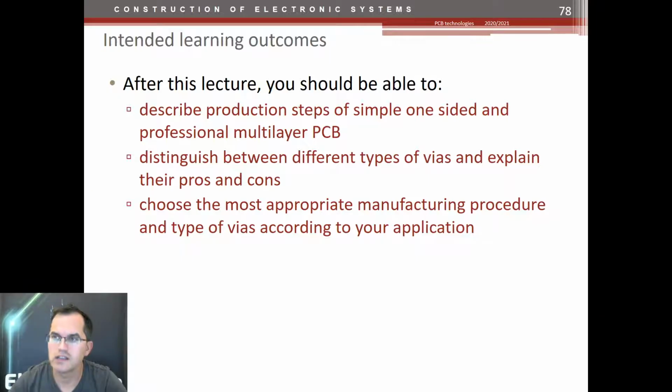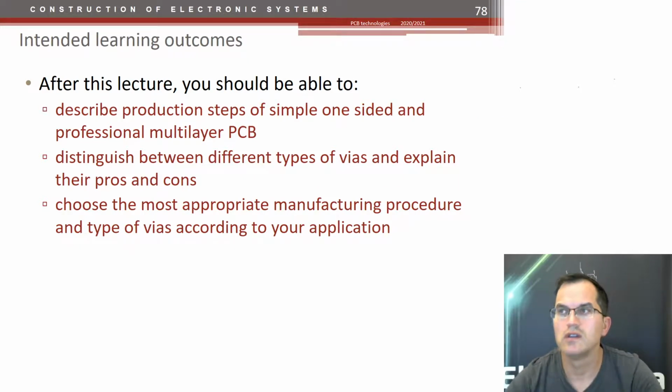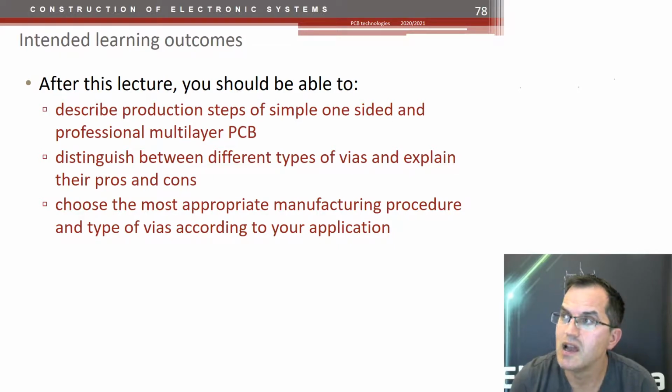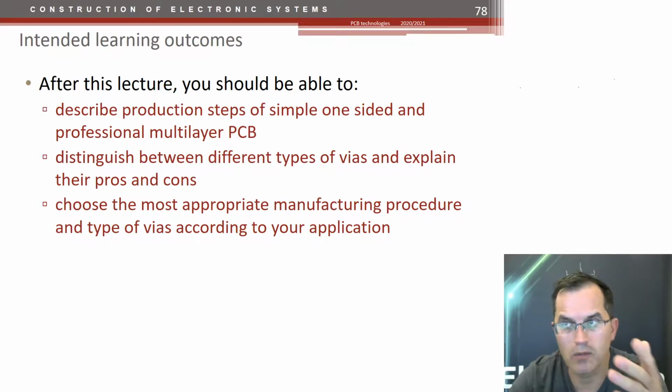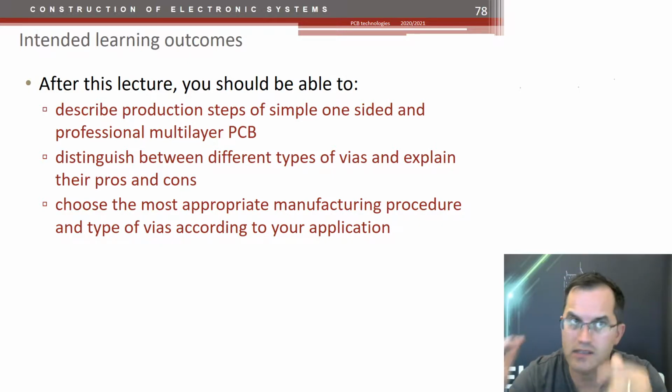So after this lecture, what you learned, I suppose you should be aware of or should know at the end, is you should describe the production steps of a simple one-sided photolithography process of the PCB, and of course the professional multilayer PCB steps. And you should know what are the consequences when you choose for a certain layer stack with a certain type of vias.